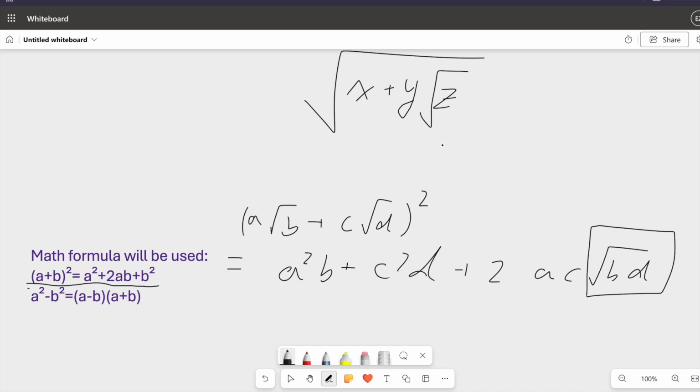And seeing this, connecting back to our problem, square root of x plus y times square root z, we want to write this in something. We say we want the final answer is a, and our first thing we want to do is remove the big square root. So we move this to the right side, we get a square. And now we see x plus y square root z equals something squared.